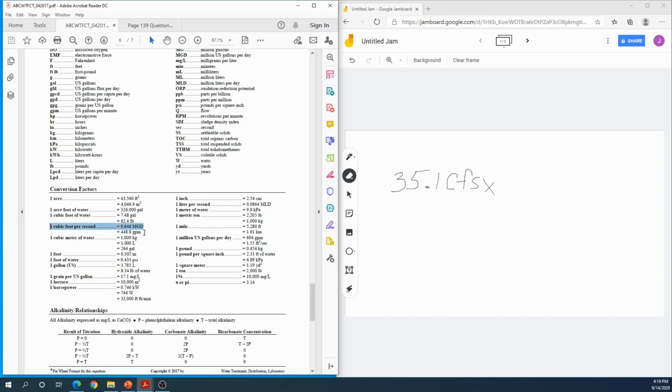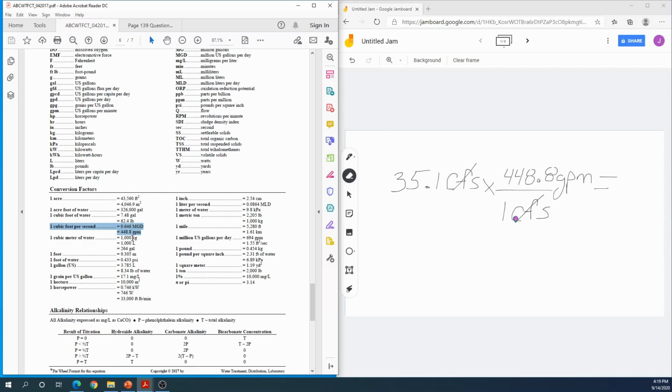Cubic feet per second, 1 CFS is equal to 448.8 gallons per minute. So we want our CFS to cancel, so we'll throw our 1 CFS on the bottom, put our 448.8 gallons per minute on the top.